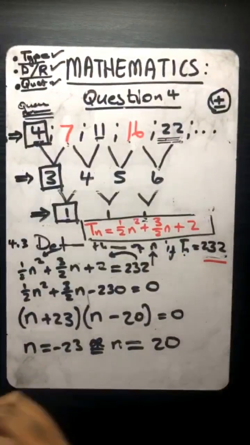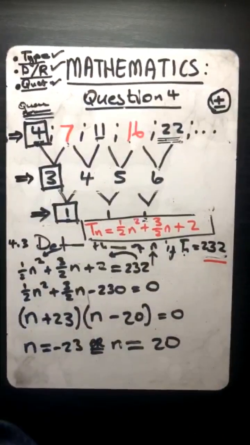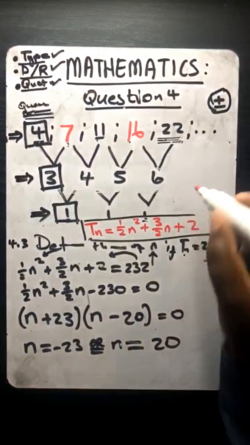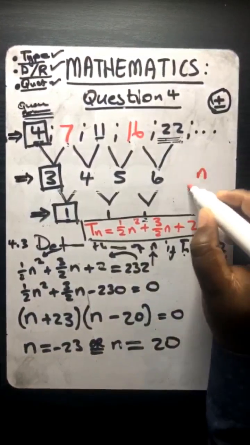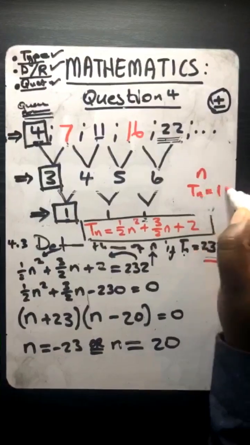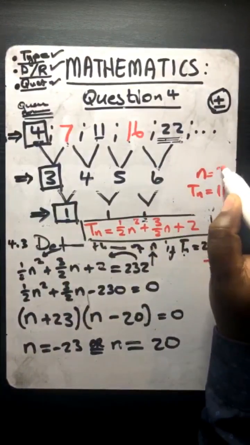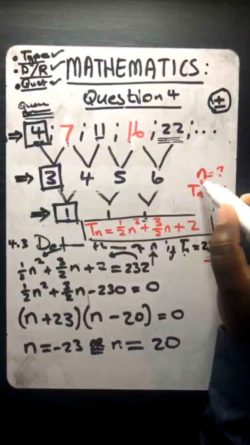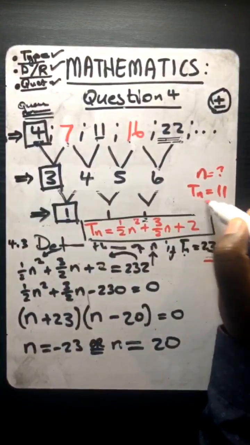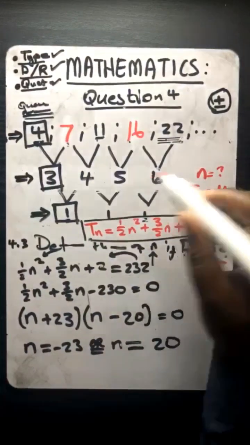I just want to ask, what is the value of n in that pattern whereby Tn is equal to 11? What is the position, or what is n, whereby Tn is equal to 11 in that number pattern?